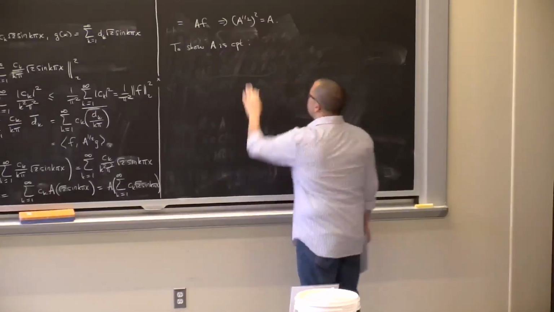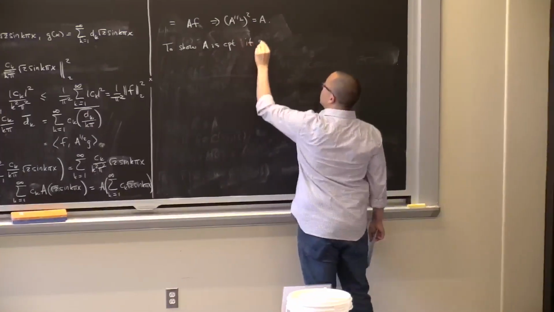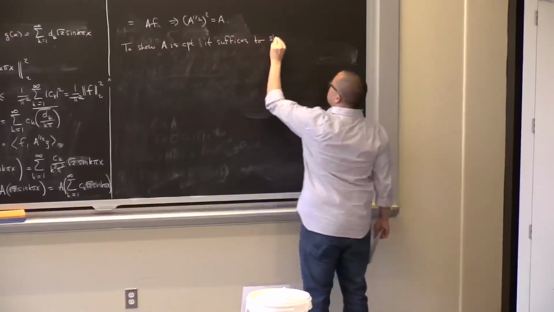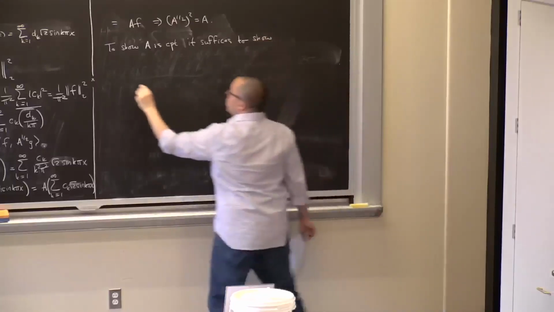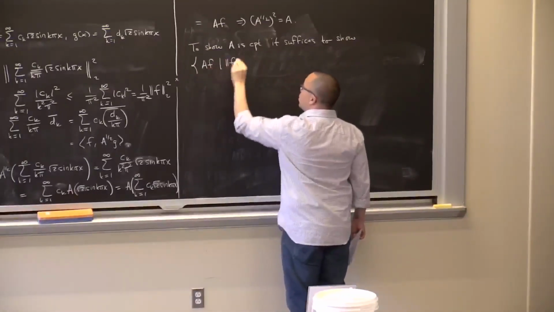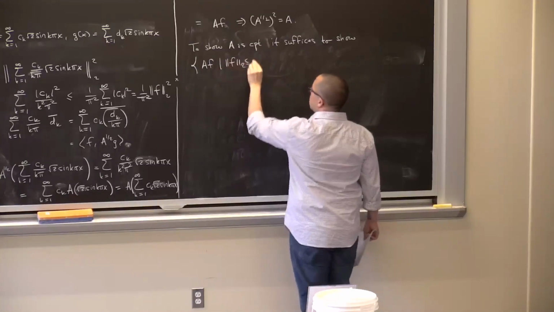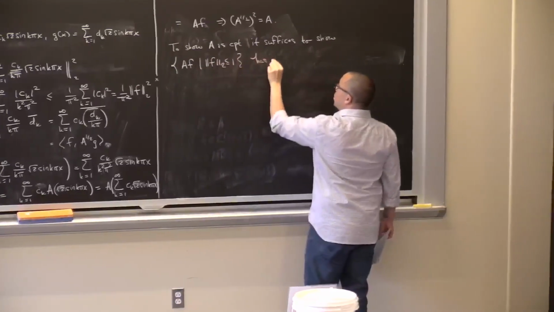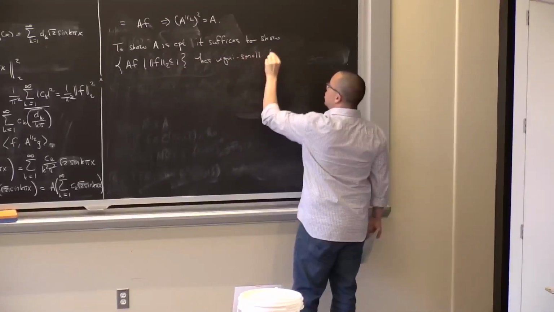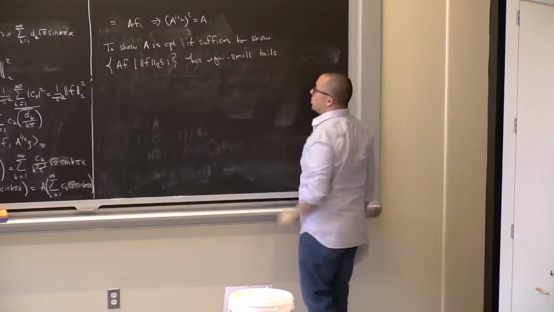It suffices to show that A to the 1/2 applied to f has equi-small tails.